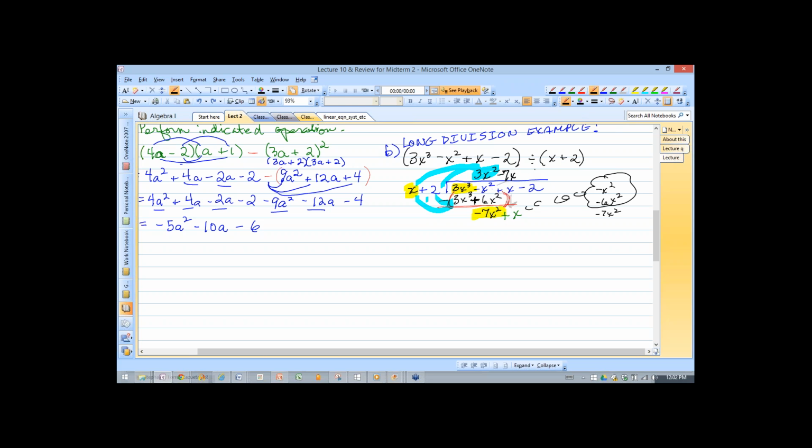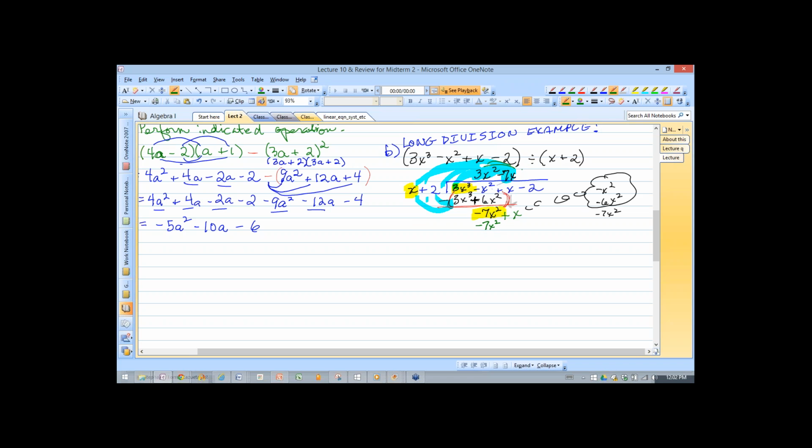The next step is to take that negative 7x and distribute it into our divisor. We want to take this and bring it over and around. So negative 7x times x is negative 7x squared, and go that way again.